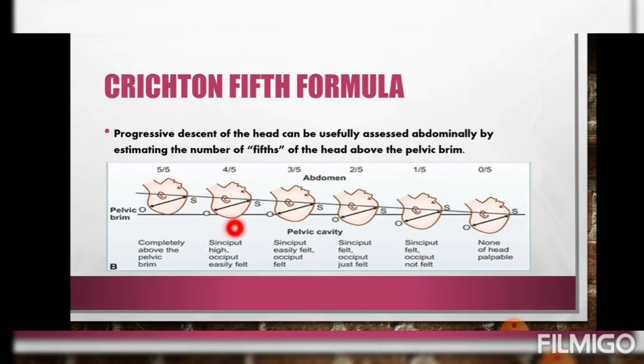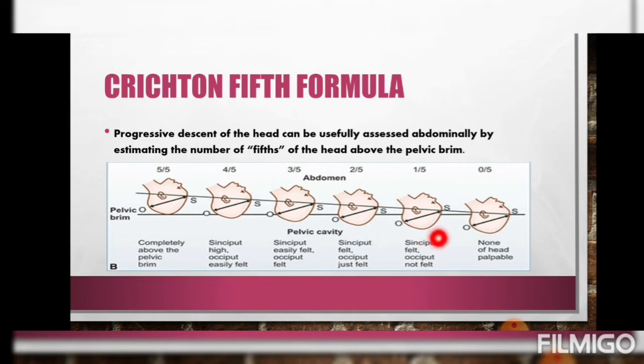Now when it crosses the pelvic brim a little bit, this is the occiput and this is the sinciput. Here the occiput has descended a little and the sinciput is still high, so it is 4/5. Then the occiput is almost near the pelvic brim, so it is 3/5. Now the occiput has already come out of the pelvic brim, it is 2/5.